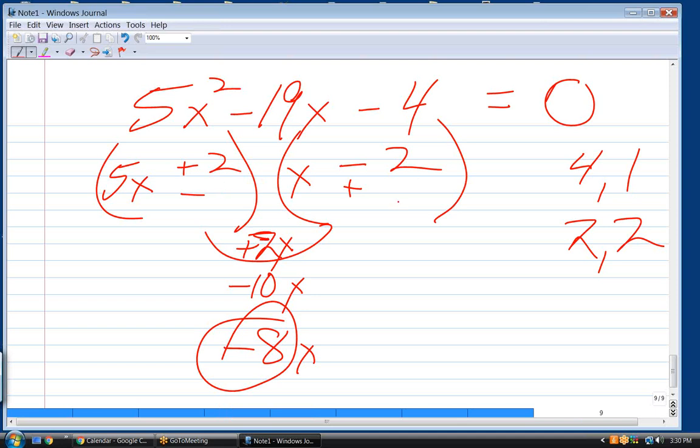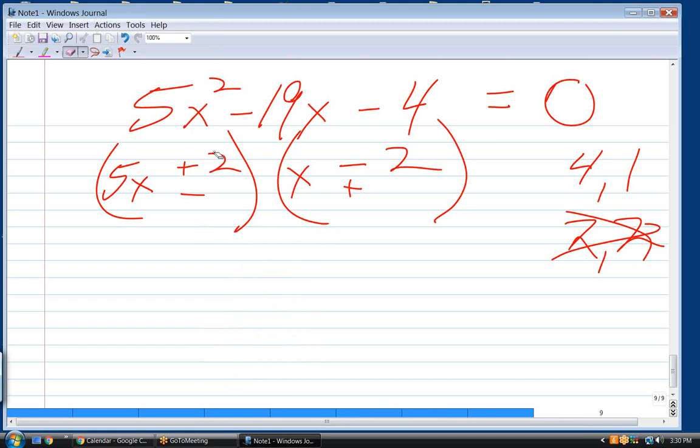In other words, we know that 2 and 2 are not the factors we're looking for immediately because it does not produce the correct number. Even though it's the correct sign, the number is the one I want to get correct, first of all. So I can throw out the 2 and 2. I don't even need to try it anymore, and go immediately to the 4 and 1 factors.